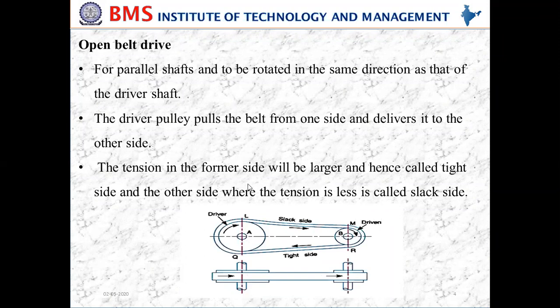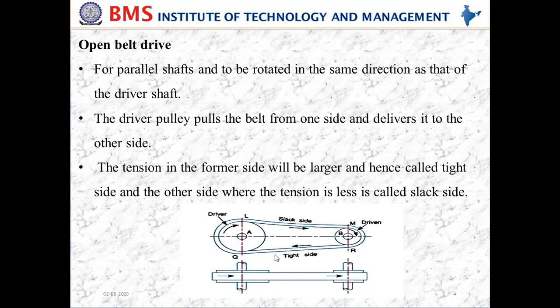So the driver pulley pulls the belt. This is the driver pulley, which pulls in this direction of the belt, from one side, and delivers it to the other side. Where we are pulling, from the bottom of this, it is called the tight side, and the other is the slack side. Where we are pulling the belt from the driven pulley, it is called the tight side.